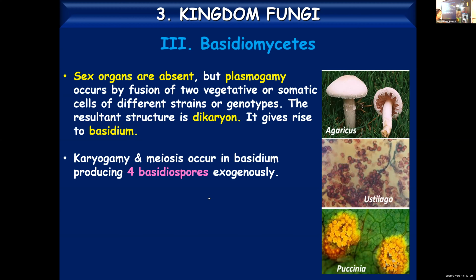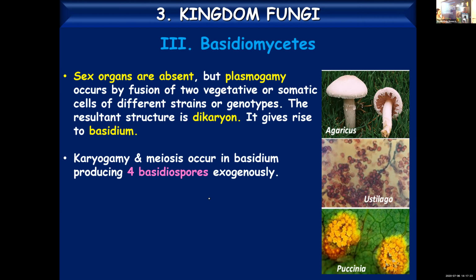And later, inside this basidium, karyogamy means fusion of nucleus. It is remaining as N plus N, but later, after the formation of basidium, inside the basidium, those nuclei will fuse together. Once karyogamy is completed, the next stage is meiotic division.